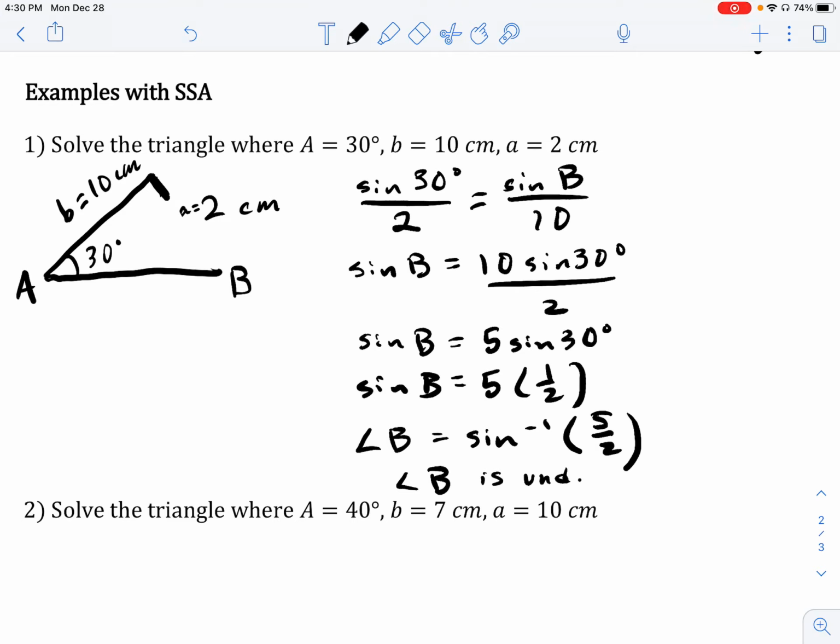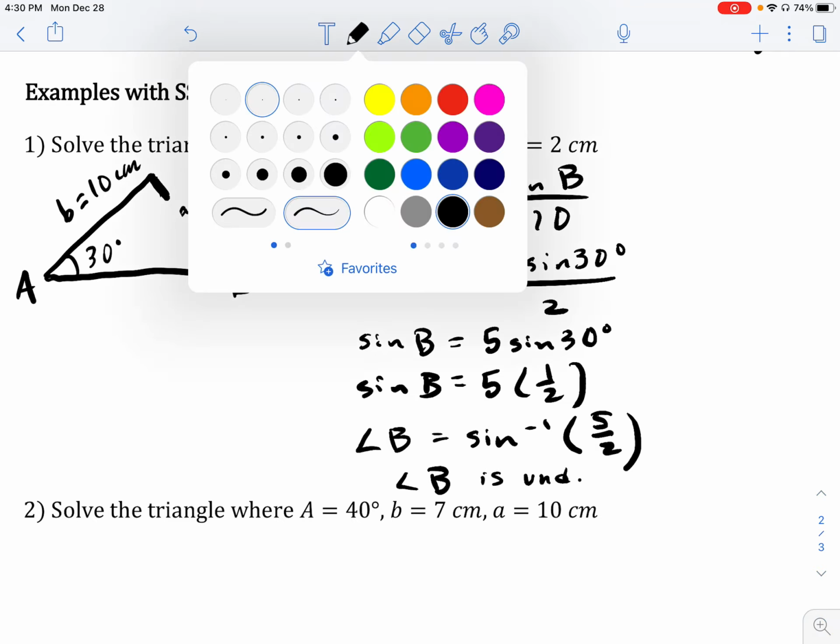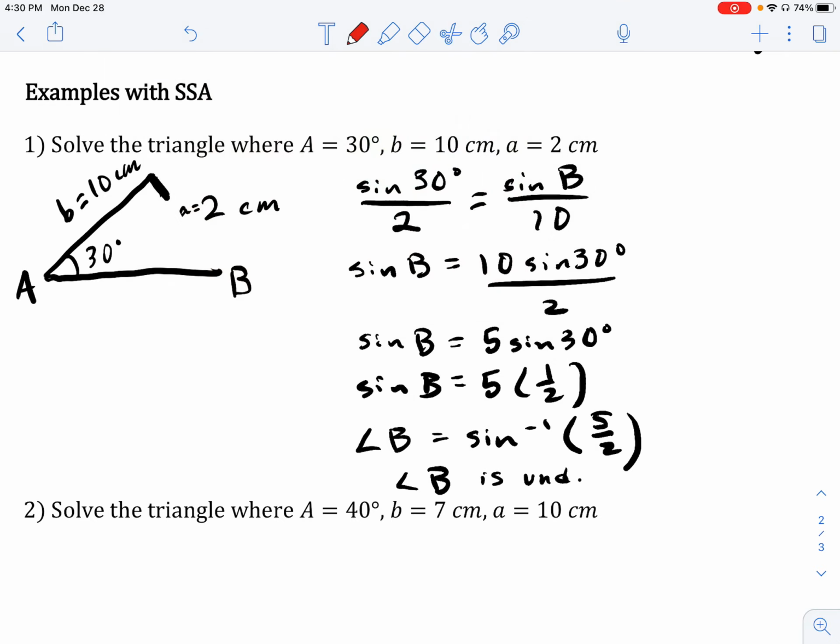And so what we're trying to see here is, if you were to try to form this triangle, is there any angle B that I could use to make this triangle exist? And you might say, oh, why don't I just move this side so that it gets connected with that side there? But there's no way to do that while maintaining the fixed angle of 30 degrees.